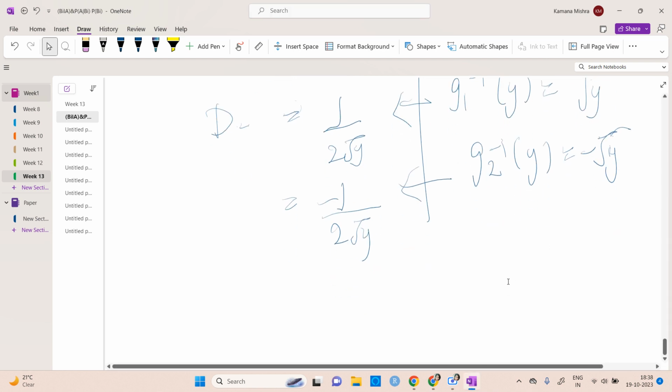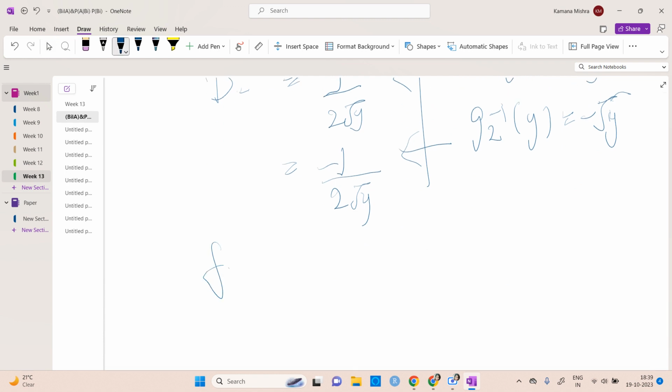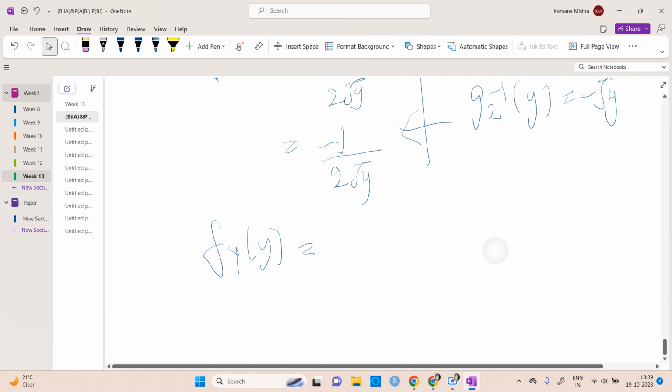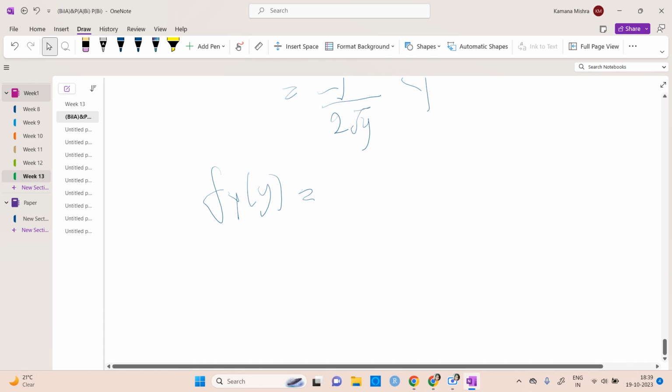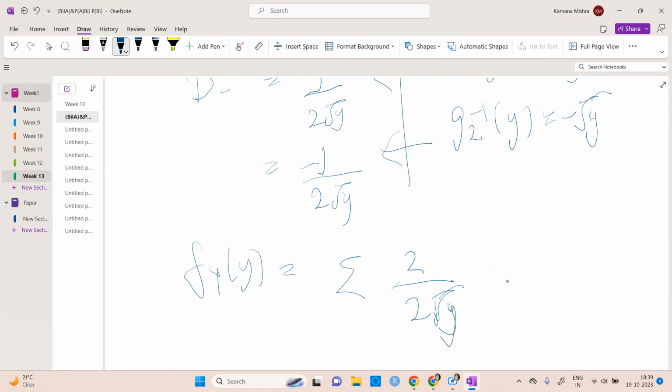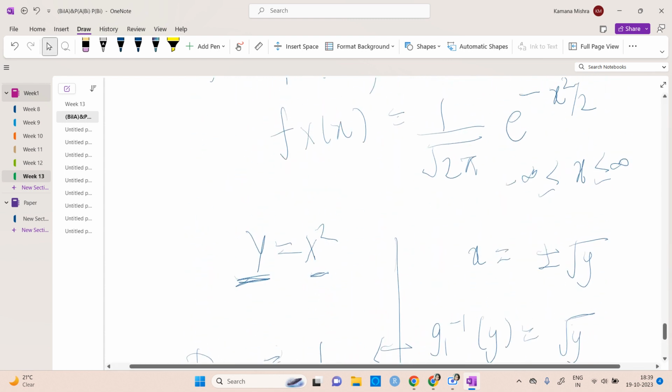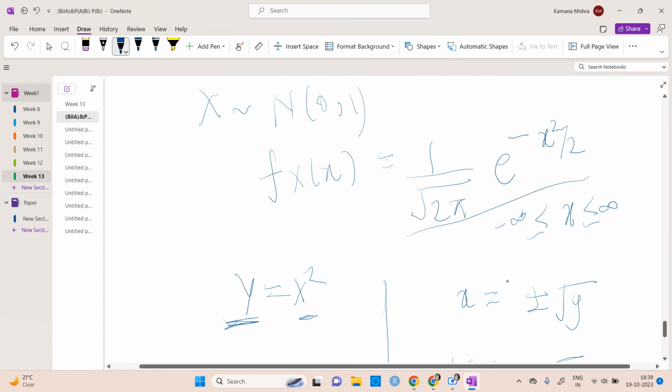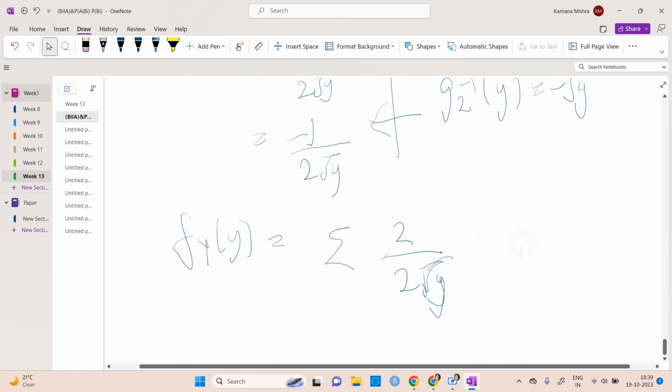Right, so this you have fine, and then f(y) is nothing but its summation. We take the positive values, so it would be 2 upon 2 root y, and then we write this term in terms of y. So it would be 1 upon root 2 pi e to the power minus y upon 2.